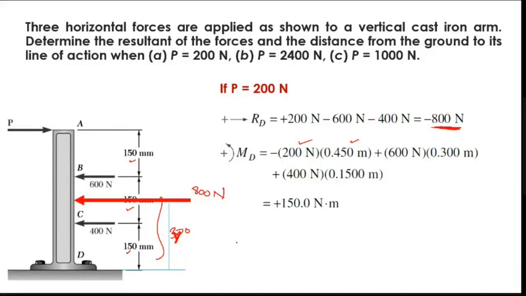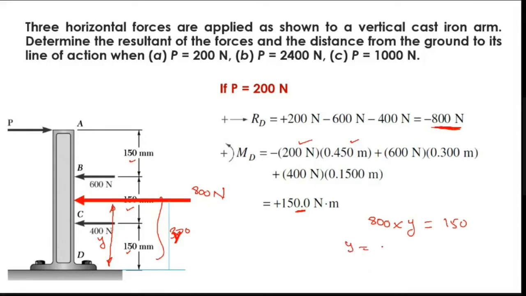So this is 800. If I take moment, this moment should be equal to this value. So I can write 800 into y, where I don't know the distance, so let me consider the distance as y. So 800 into y should be equal to this 150.